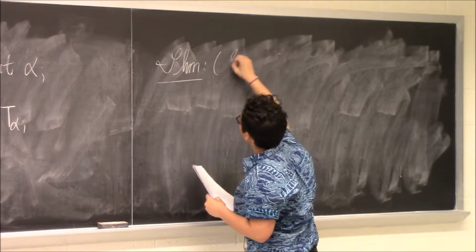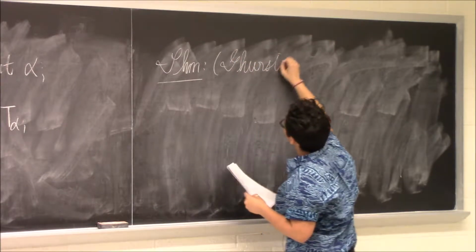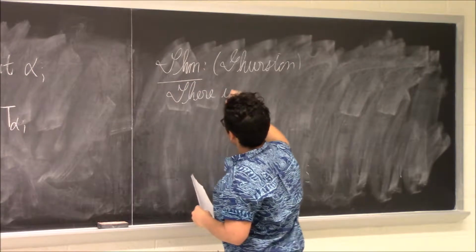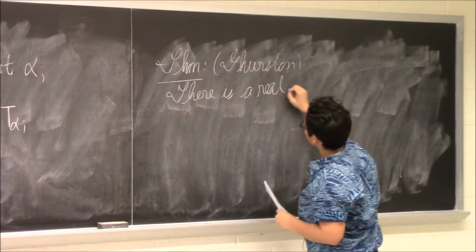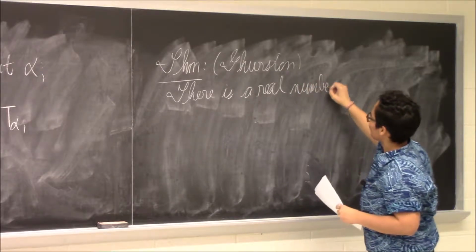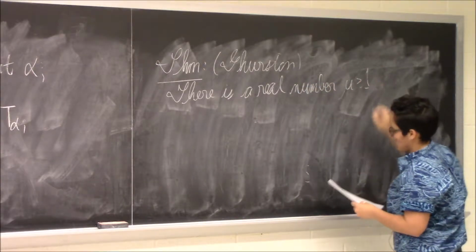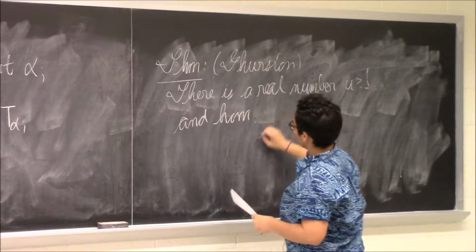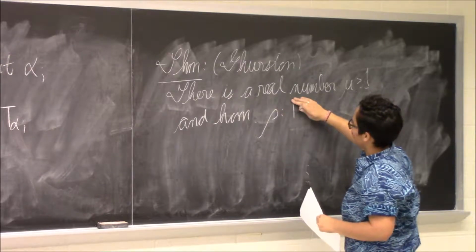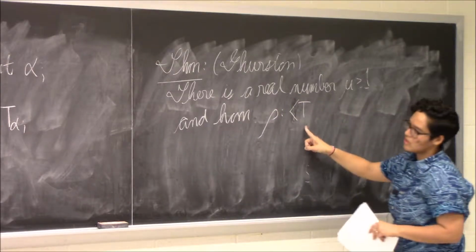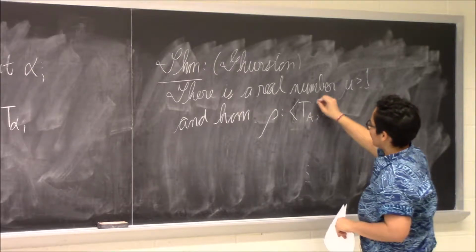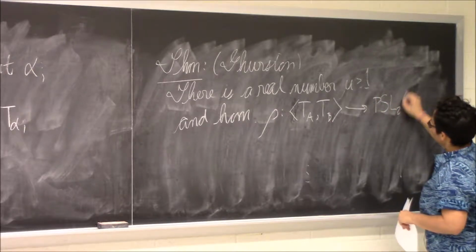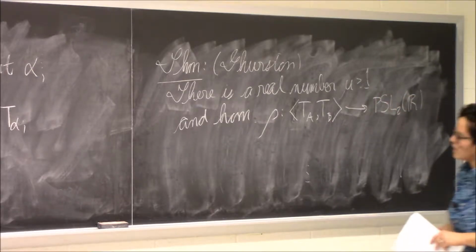Theorem, Thurston: there is a real number mu greater than 1, and a homomorphism, which I'll denote rho, from the subgroup of the mapping class group generated by these multi-twists into PSL2R, given in the following way.